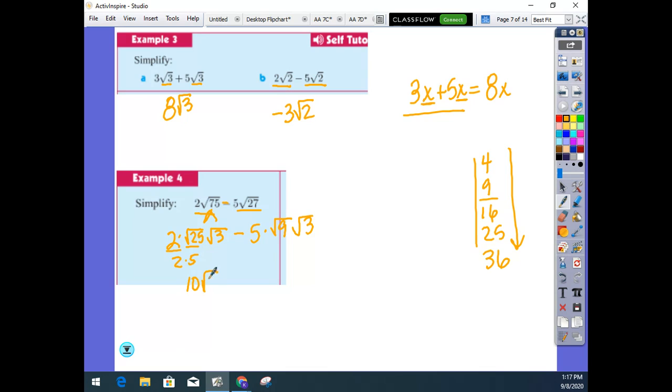And that's 10. Bring down the square root of 3. Minus square root of 9 is 3 times 5, 15. As soon as you simplify each of the radicals, I now have like terms. So I can subtract the coefficient and keep my like term.